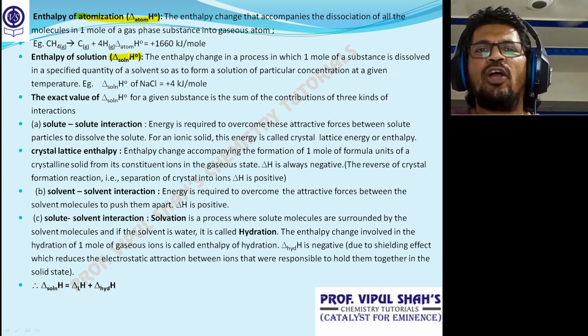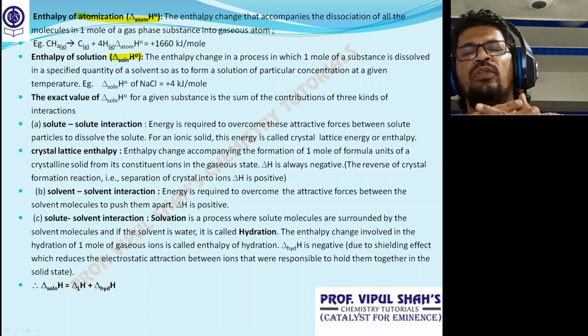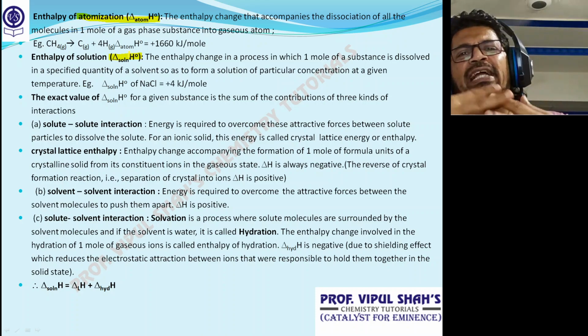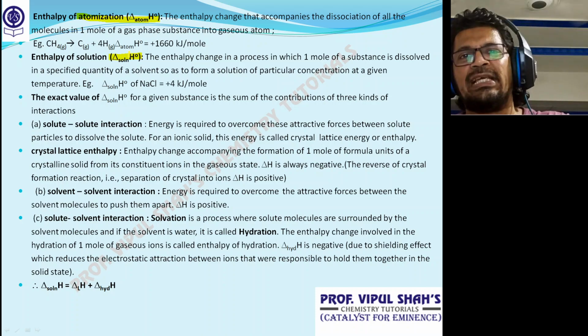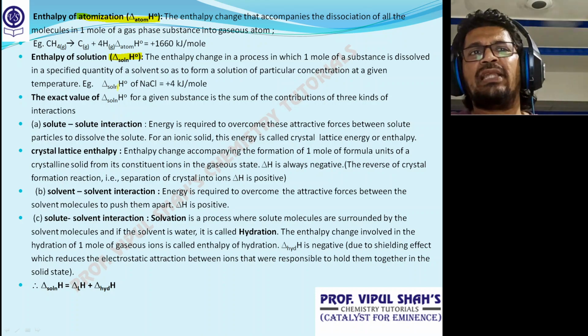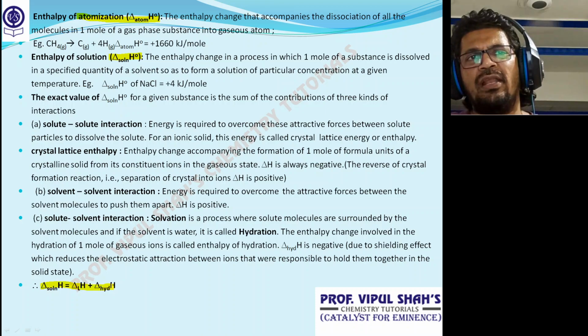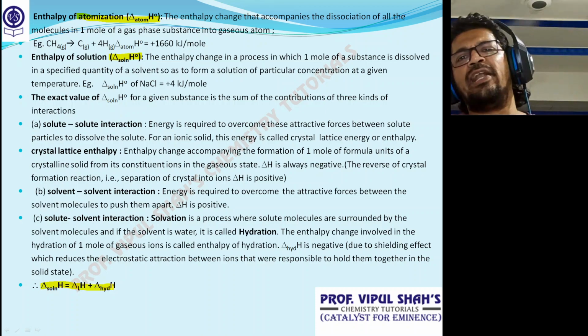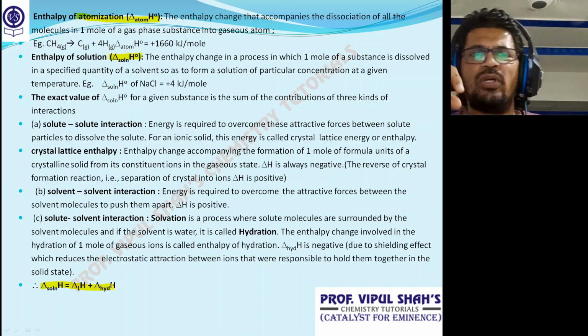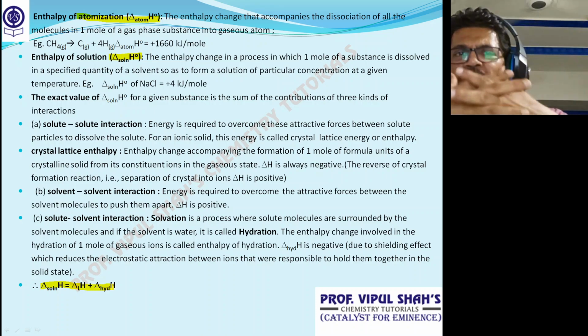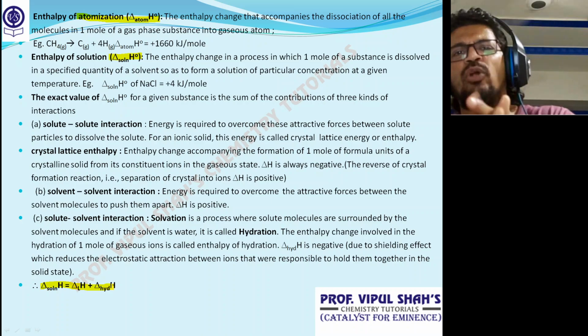For ionic compounds, the energy responsible for holding the cations and anions together is called lattice energy. So enthalpy of solution is nothing but lattice energy plus hydration enthalpy. Lattice is the solute-solute interaction, hydration is when dissolved in water. So we can say it is the sum of the two.